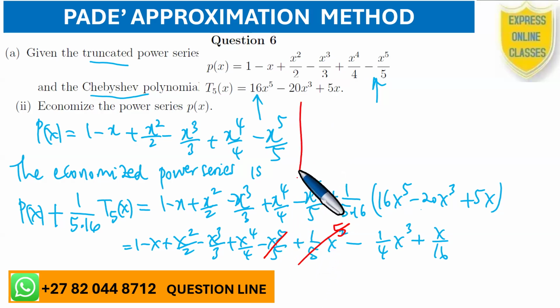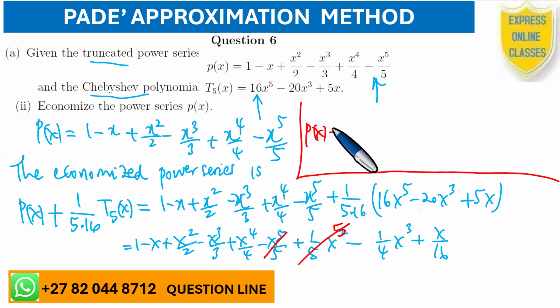By dint of this, we have the following assertion to make. P of x minus 1 over 16, 5 by that, T5x. So you have a 1 minus. Now we're going to have the linear term. So this one is going to be minus 16 over 16, which is going to be minus 15 out of 16, x. We are done with this.